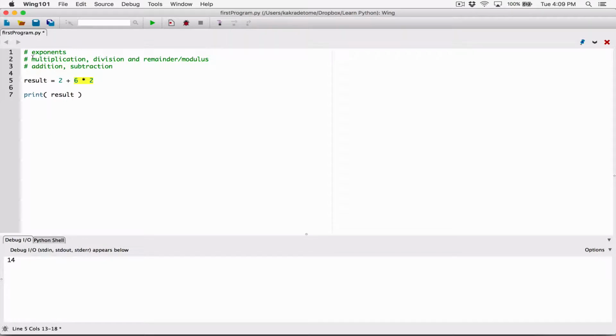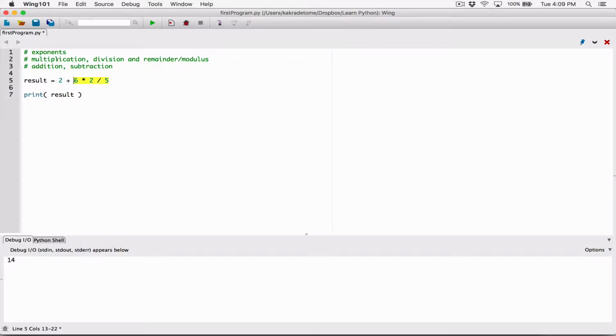Now, if you have multiplication and division all in the same expression, something like this, then they will get implemented from left to right. So it will be 6 times 2 first, which is 12, and then 12 divided by 5, and then the answer will be added to 2, and that'll be the result.